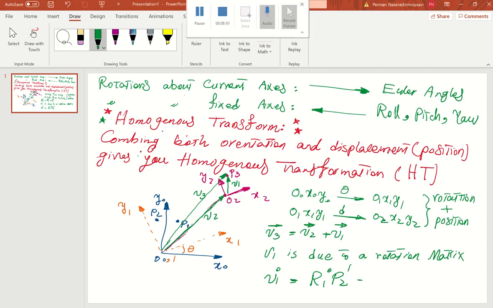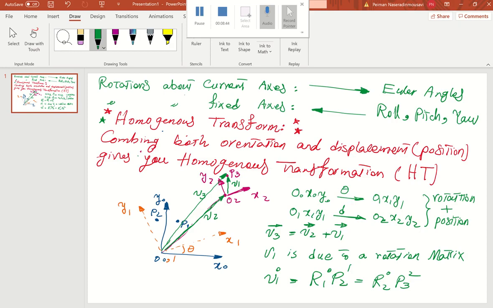Or R2 with respect to 0 times P3 with respect to 2, because we only translated P3 from P2. But P2 is a result of rotation, so it's going to be P2 with respect to coordinate system 1, the orange one, and R1 with respect to 0. Or P3 with respect to 2, since there is only translation, but again R2 with respect to 0.